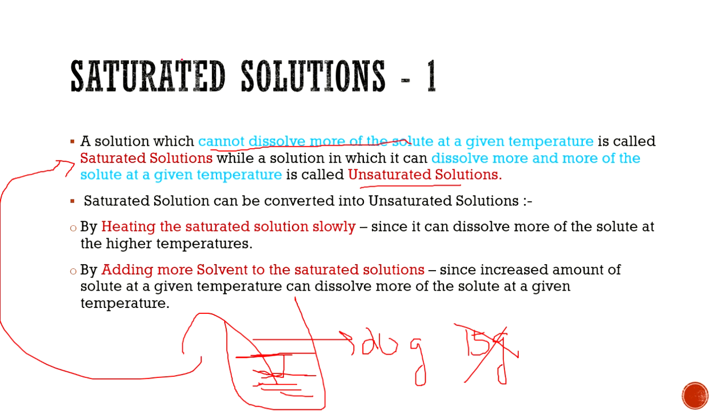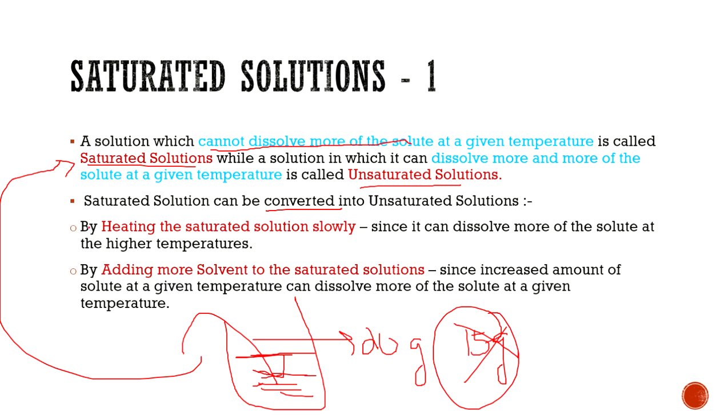This saturated solution, you can convert to an unsaturated solution by two methods. Suppose you cannot add 15 gram of solute, but you need to add it. That means you have to convert the saturated to unsaturated. It can be done by two methods.